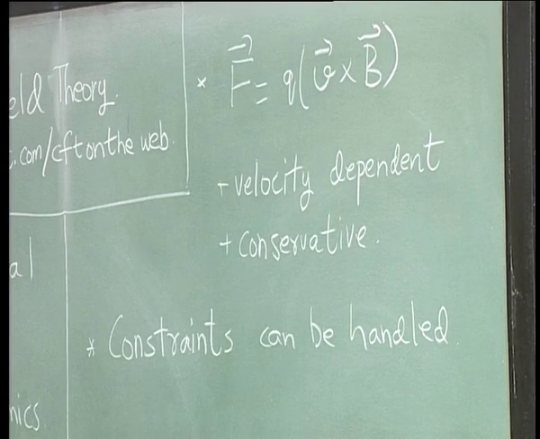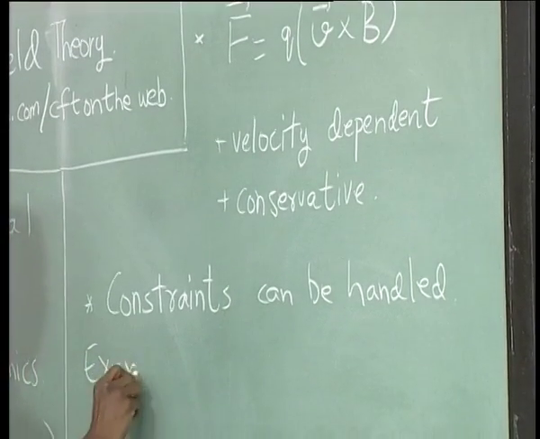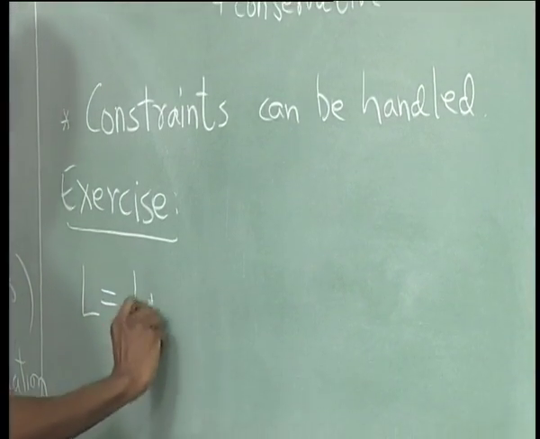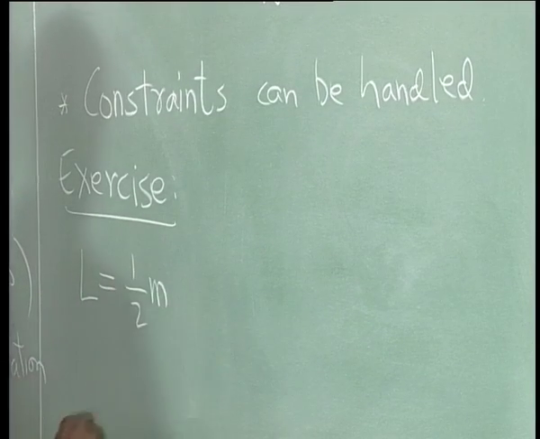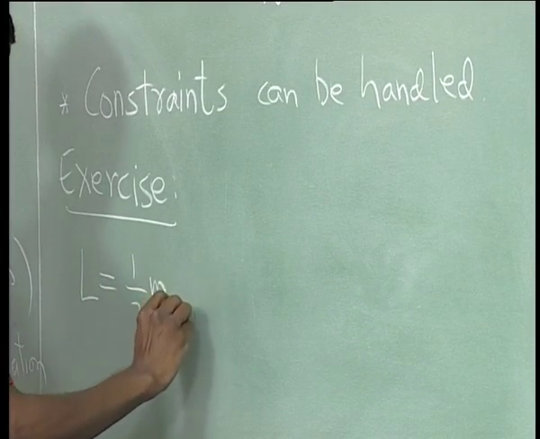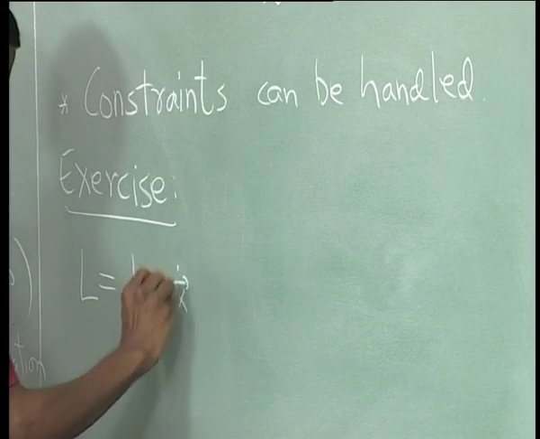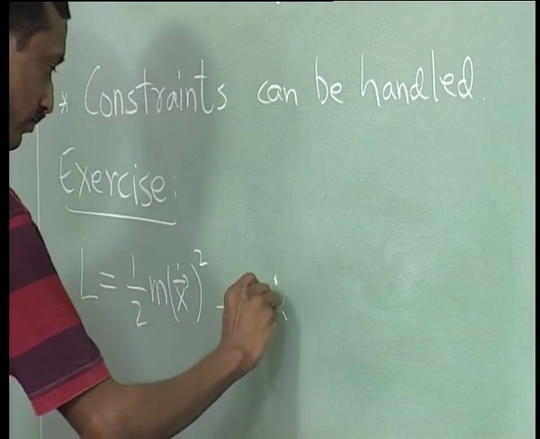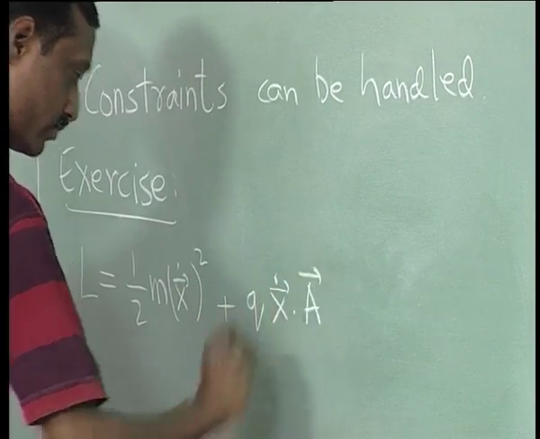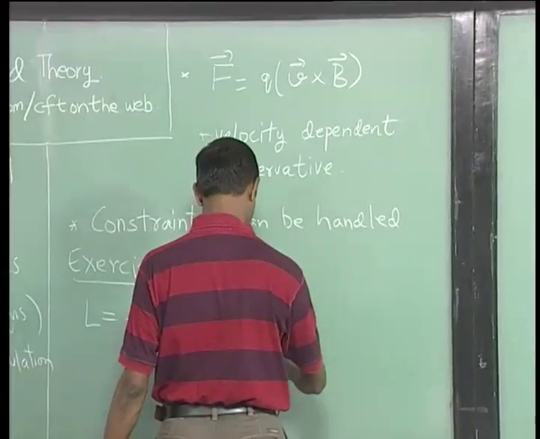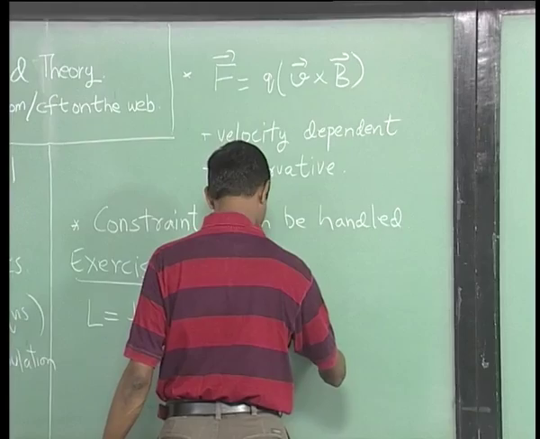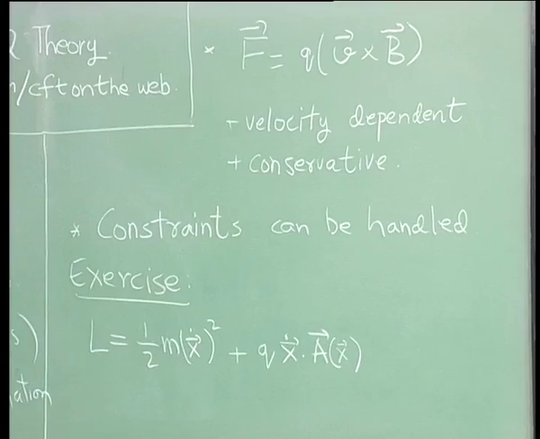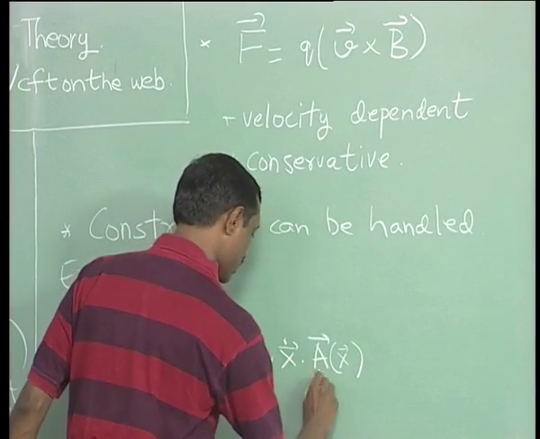So, for instance, a simple exercise for you, and I will keep giving exercises which you should go home and check, is to take a Lagrangian for a 3-dimensional particle of this form, where A is the vector potential.